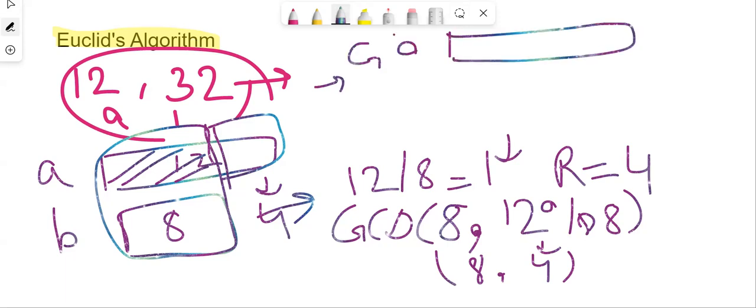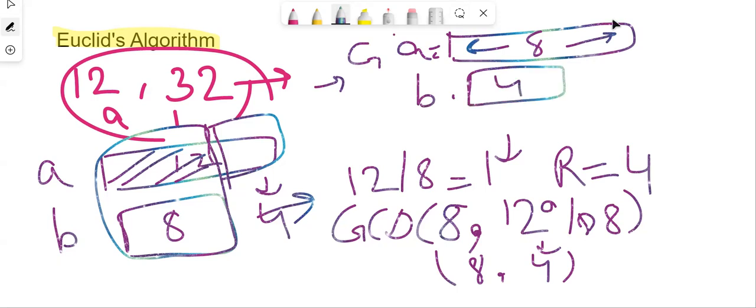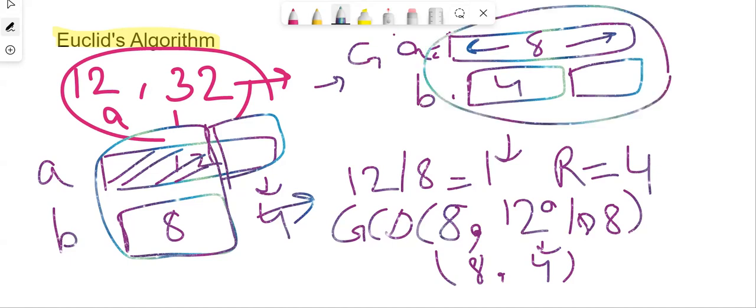Now A is 8 and B is equal to 4, right? Now we want to find whether this 4 divides this 8 completely. Yes, it does divide. Then we are left with nothing remaining. So we don't have to find any GCD for the remaining part.